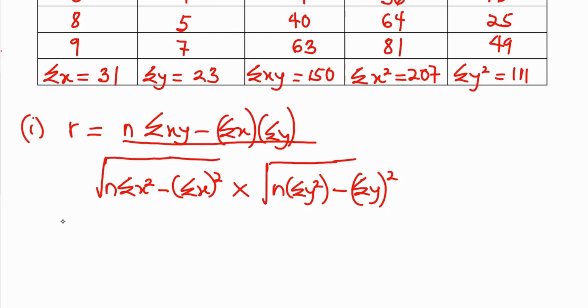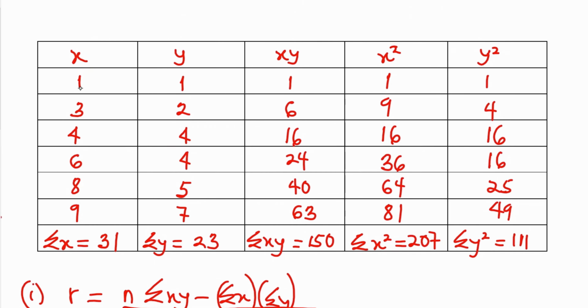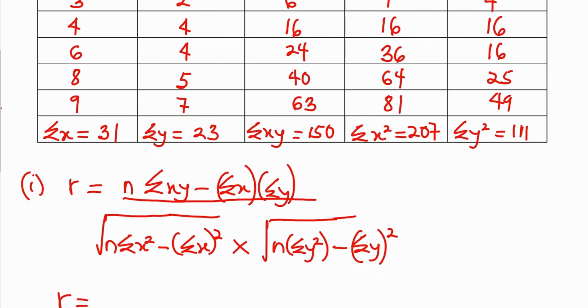So here R is equal to n. To find the value of n, we count the number of observations here. That is 1, 2, 3, 4, 5, 6. So we have n equal to 6.